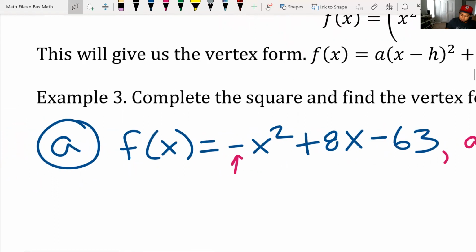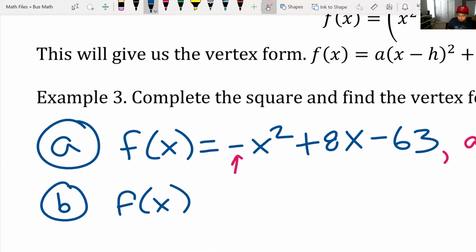So step B, I'll have f of x equals, and what I'm going to do is factor the -1 out, but I only want to factor the negative out of the x terms only. Yes, you can do it.